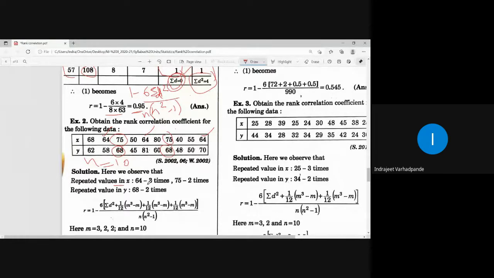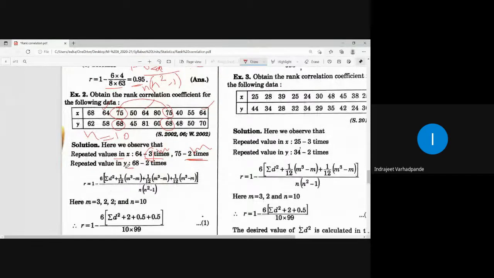How many times is 64 repeated? 3 times, so the value of M will be 3. Again in the column of X, 75 is repeated, 2 times, so M will be 2. In the column of Y, 68 is repeated 2 times, so M will be 2.